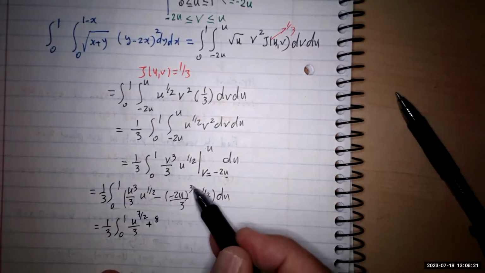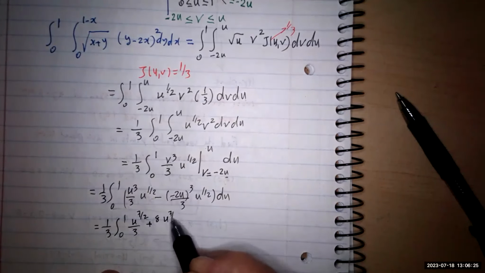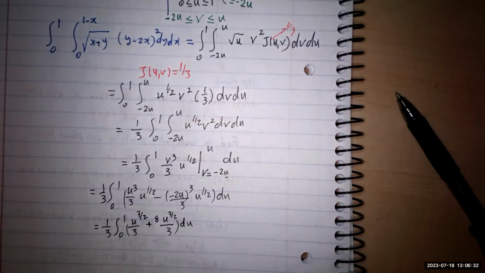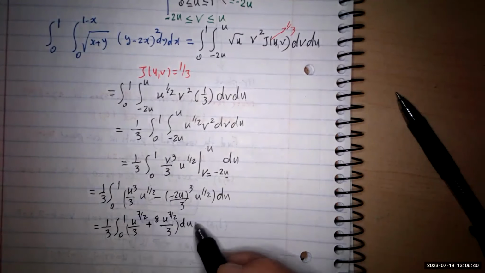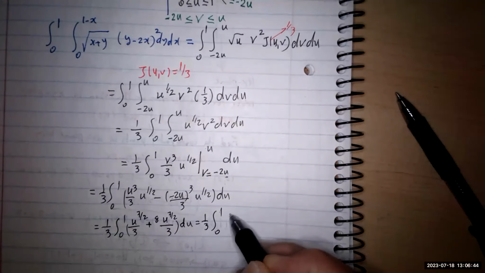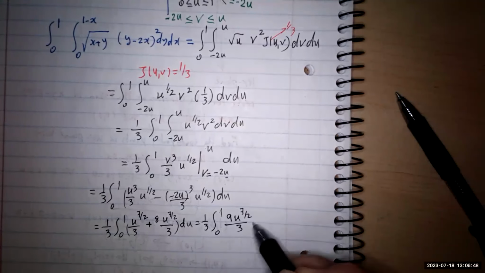You see u cubed, so that gives you u to the 7/2 over 3, du. And then simplify it: 1 and the 8 would be 9. So this is 1/3, 0 to 1, 9 u to the 7/2 over 3 du.